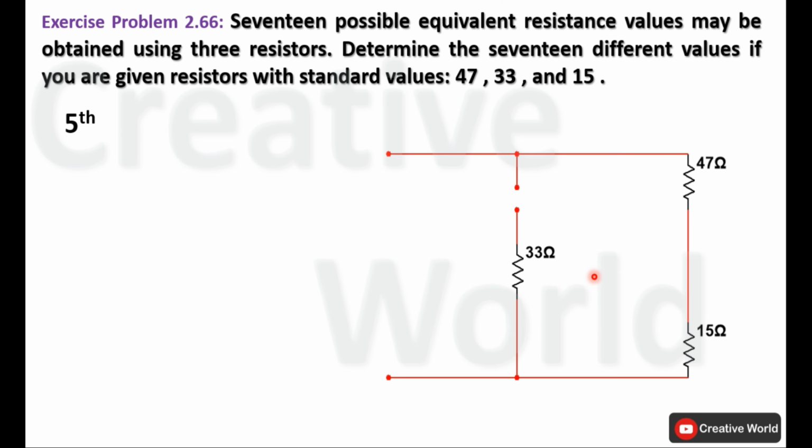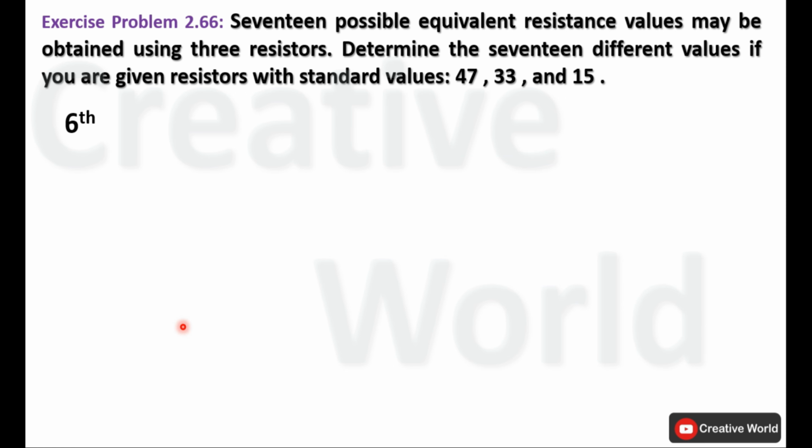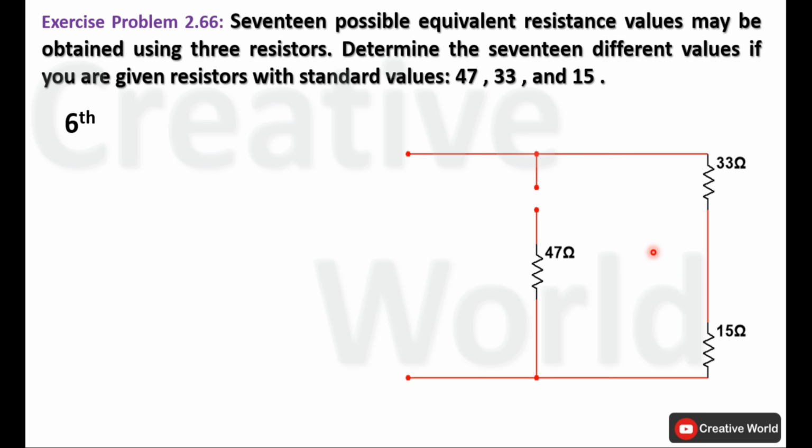In this configuration, we have swapped these 2 resistances. Again, in this case, the total resistance will include only these 2 resistances. The sum of these 2 resistances will be equal to RAB, that is 62 ohm. Move to the next configuration. In this configuration of resistances, 33 ohm is swapped with 47 ohm.